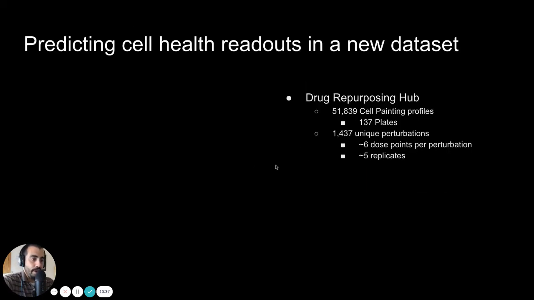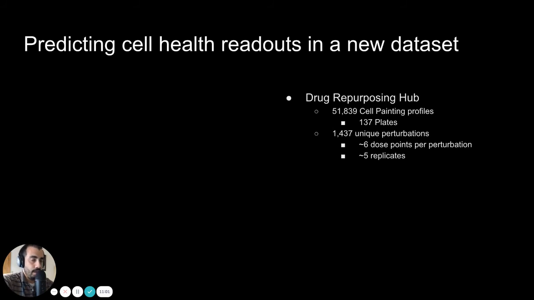So really the holy grail here is that we don't want to have to collect cell health assays for every single Cell Painting data set that comes our way. We want to see if our models that we've trained on one small data set can generalize to a larger data set, and that's exactly what we've done here. We have a legacy Cell Painting data set that we collected a couple of years ago from the Drug Repurposing Hub.